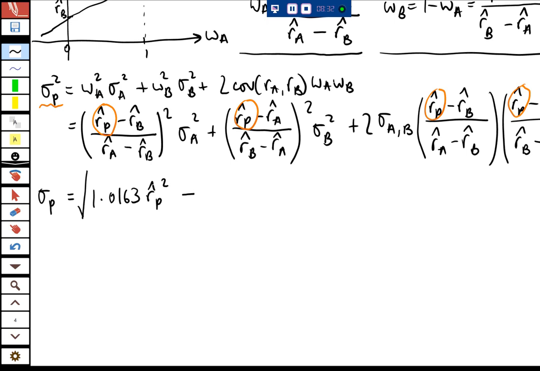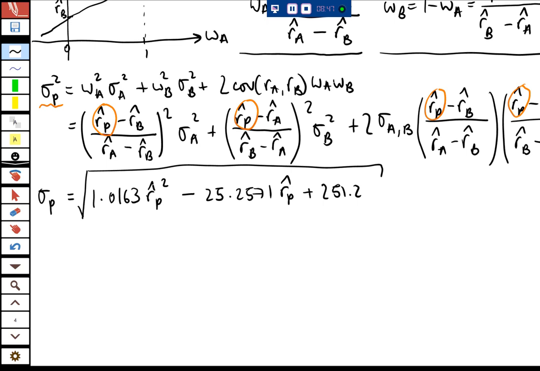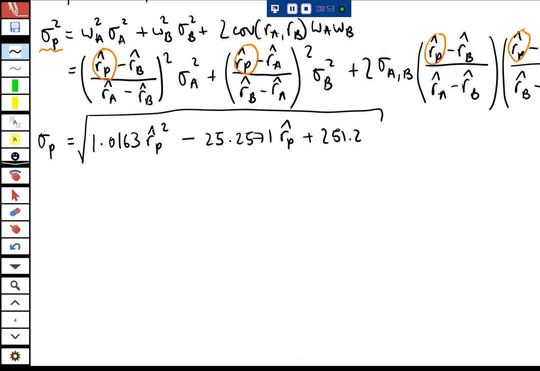Okay, you should check this for yourself. It's the following quadratic, which is being square rooted. And there you go, we have the portfolio standard deviation as a function of the expected return on the portfolio.